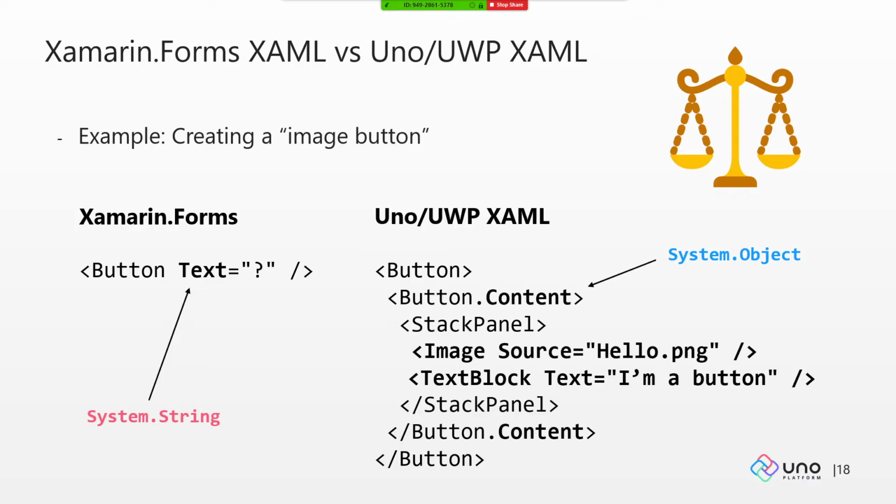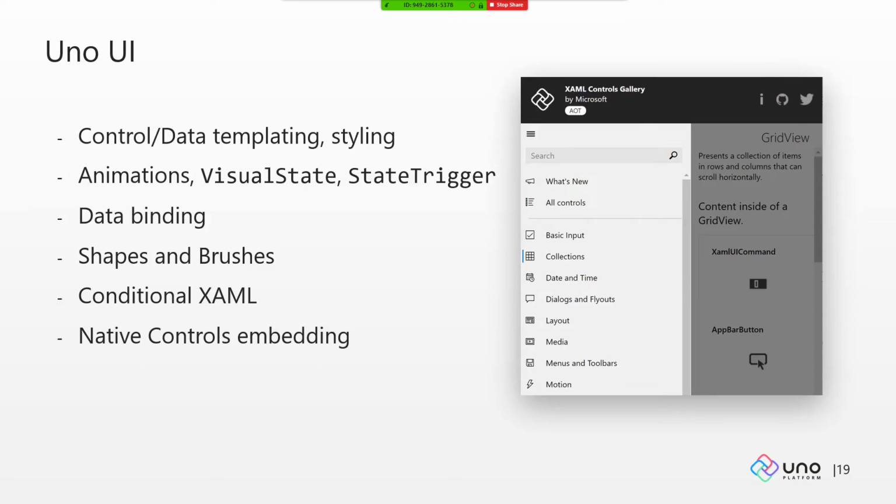Okay, yes. Thanks. Okay. So for the overview of what Uno UI provides to you, there are all the controls of UWP, data templating, and styling, which are the core pieces of XAML.